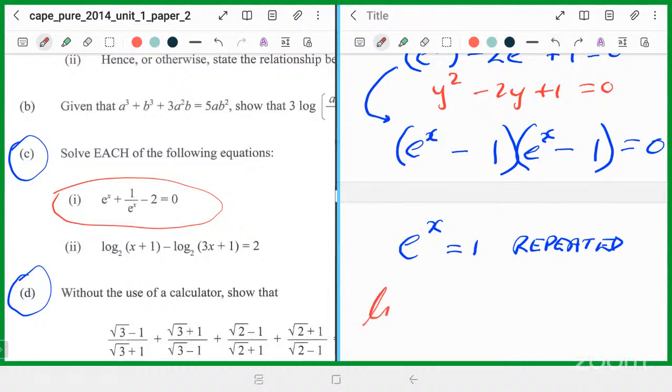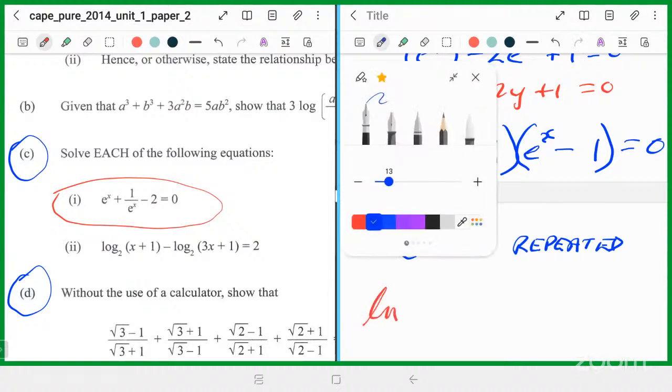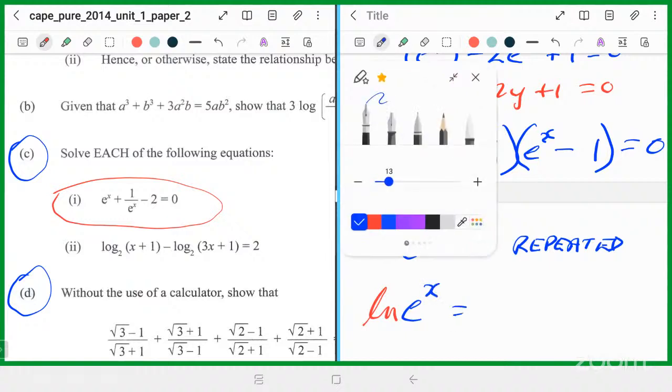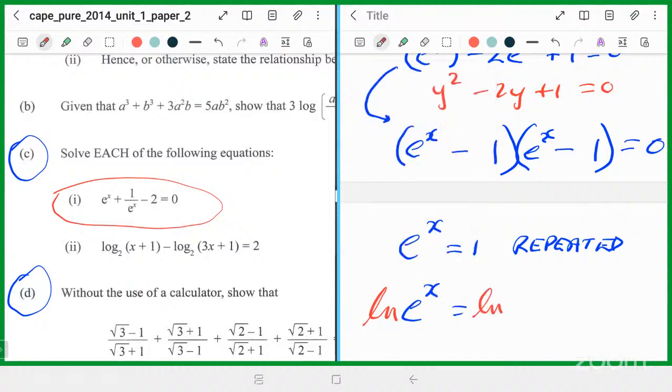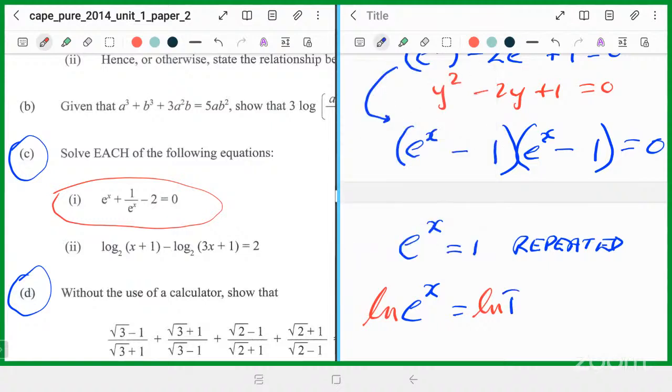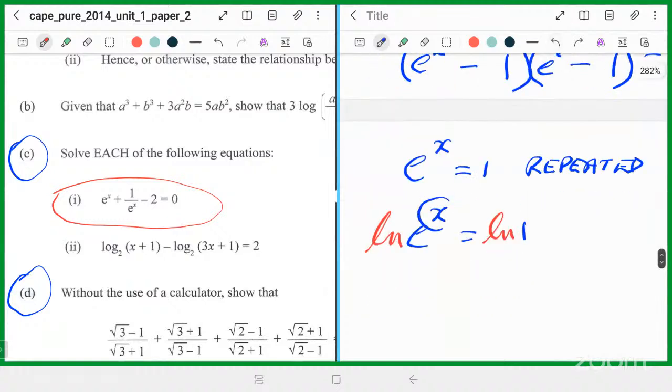So you will do ln of e to the x equals, and you take ln of the right side as well, ln of 1. But the log of 1 to any base is 0. So this comes to the front, and it becomes x ln e equals the log of 1. ln 1 is 0.